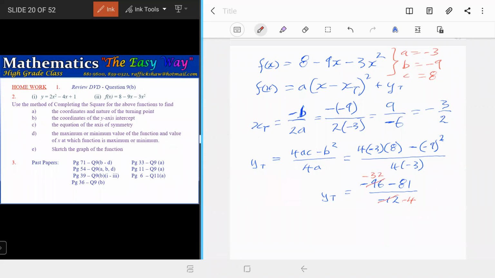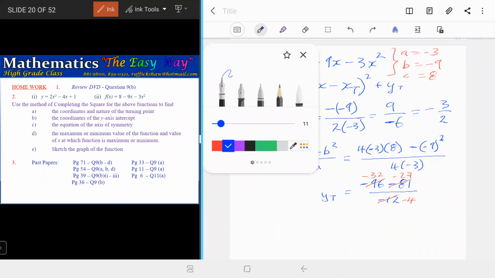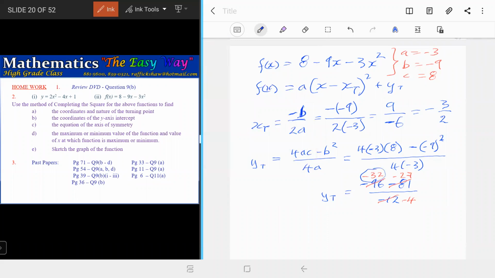And then 81 divided by 3 is 27, right? Divide this by 3 and get negative 27. So simplify by dividing 2 by 3. And then now, the negative 32 and the negative 27 is what? 32 and 27. What are negative?